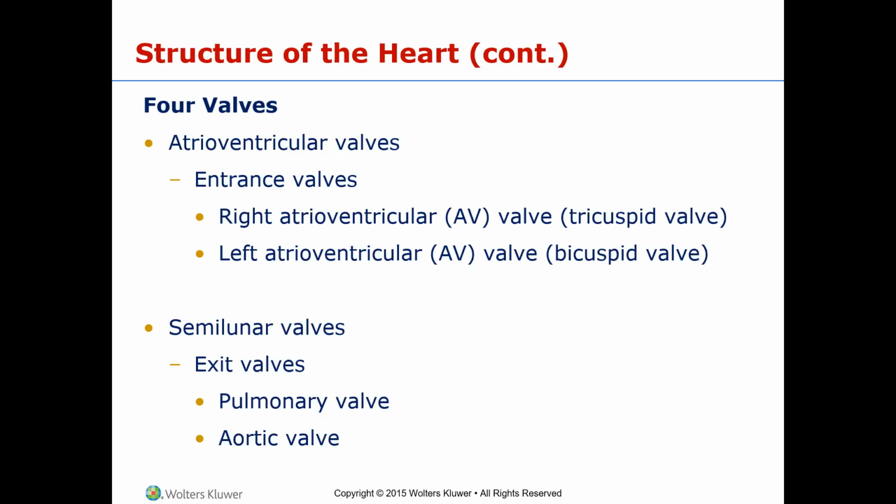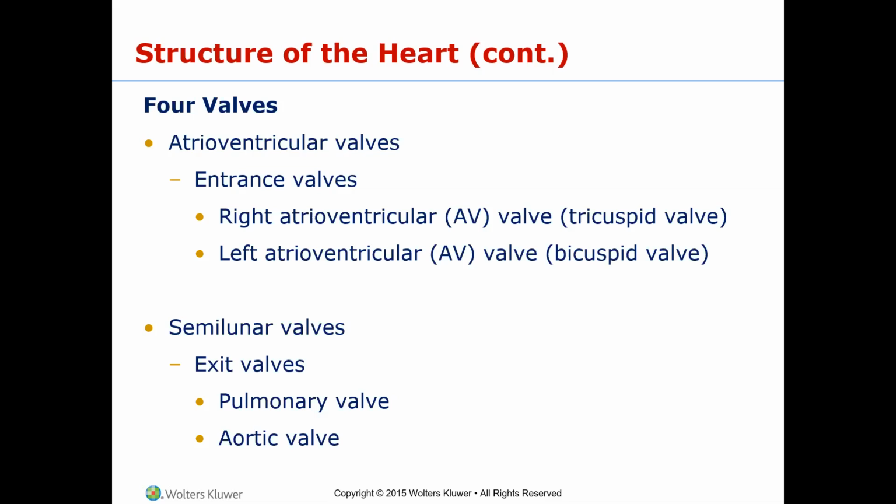So those valves are the atrioventricular valves, which, atrio means the atrium, and ventricular means the ventricle. So those valves are separating and connecting the atrium and the ventricles, both the right and the left side.